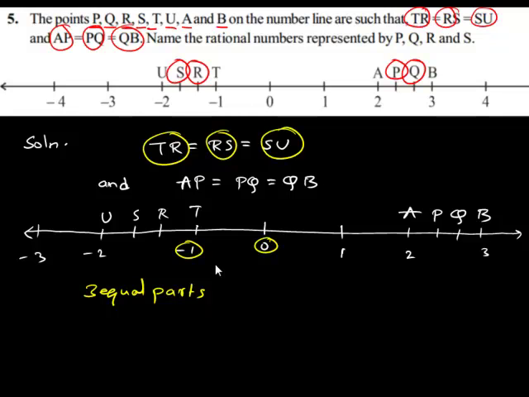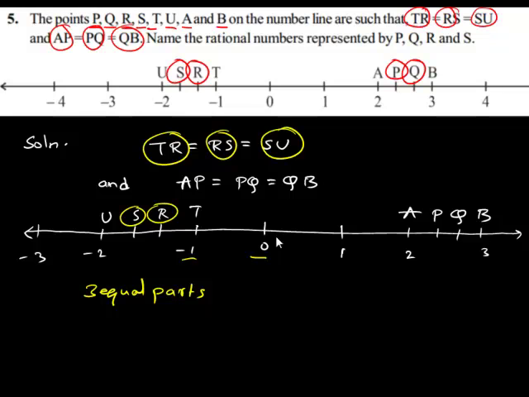The reason we are dividing it into only 3 equal parts is as already the unit length between -1 and -2 is divided into 3 equal parts, and if we also divide the unit length between -1 and 0 into 3 equal parts, this will help us in finding the values of S and R easily.